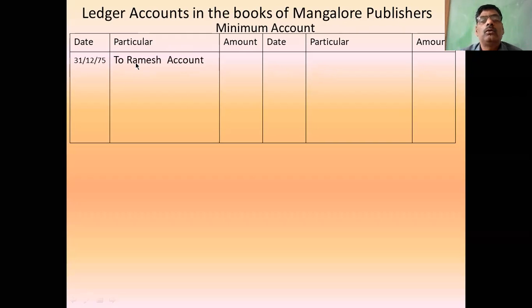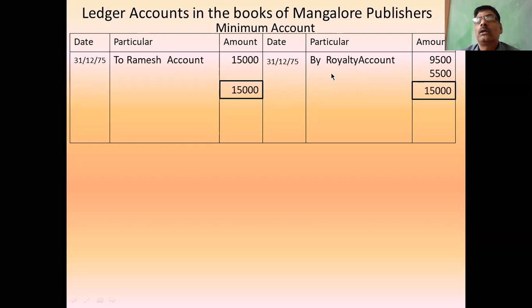Debit side to Ramesh, author name. Ramesh account 15,000 minimum rent. Credit side you write royalty and short working. By royalty account 9,500. By short working account 5,500. You write these two and take the total.